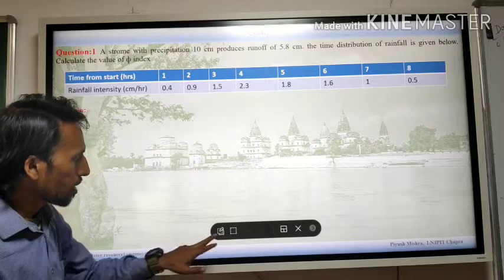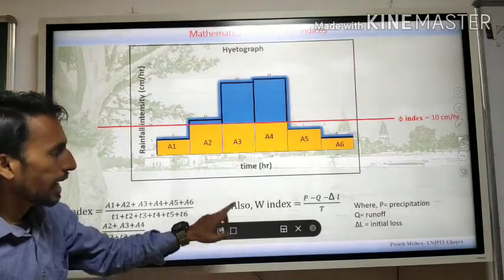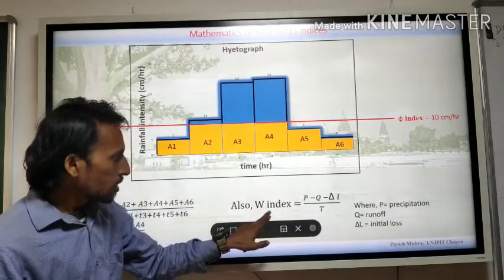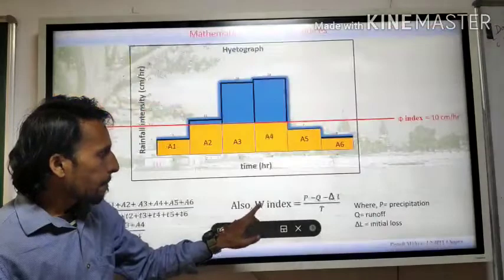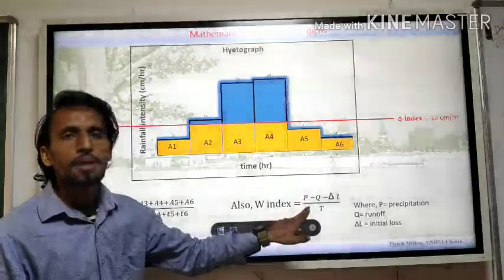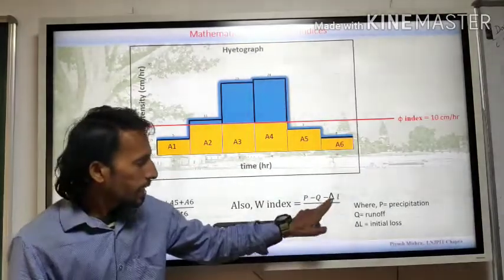One more thing I left: you can calculate W index using P for precipitation and Q for runoff.